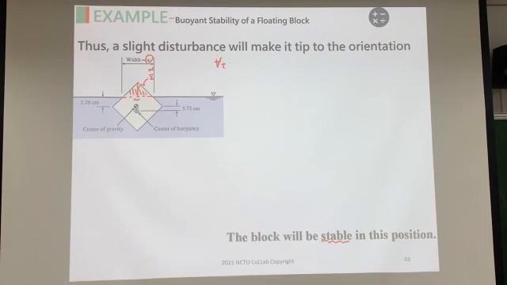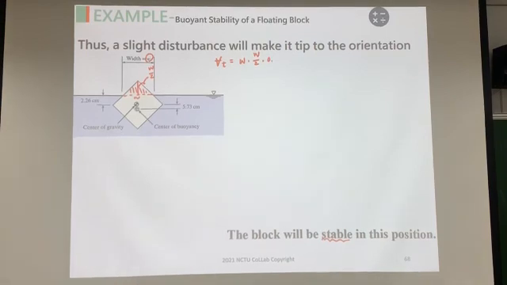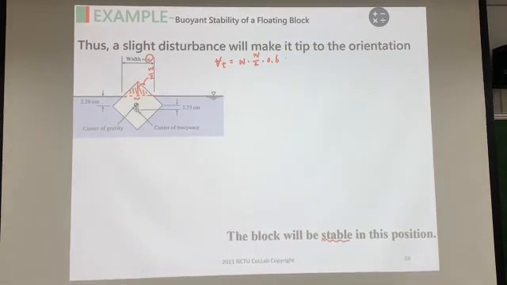So the triangle volume is W multiplied by the 2 over W, and the length of the wood block is 0.6 meters.